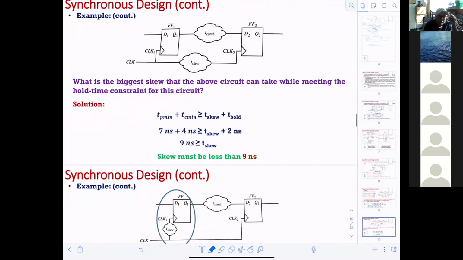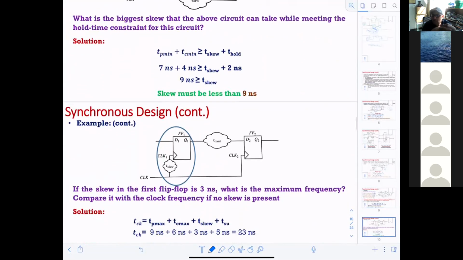Okay, now we're going to move into the second possible configuration and see what would be happening. As we already have in the statement, a positive skew will improve the setup time while really hurting the hold time, while the negative skew will hurt the setup time and improve the hold time.